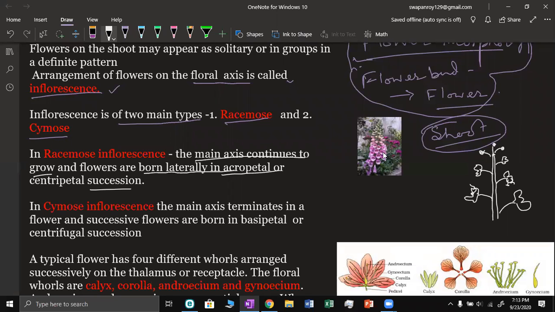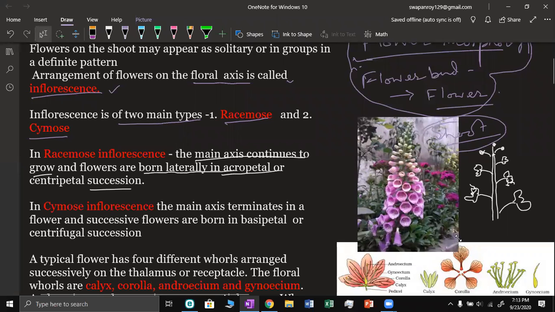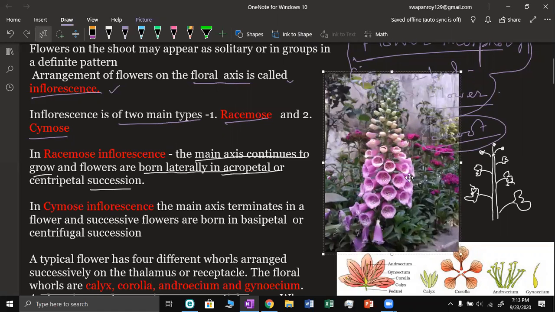Here you can see one of the photographs. Can you see this flower? This is foxglove, a common garden flower. This is one inflorescence with so many flowers together.